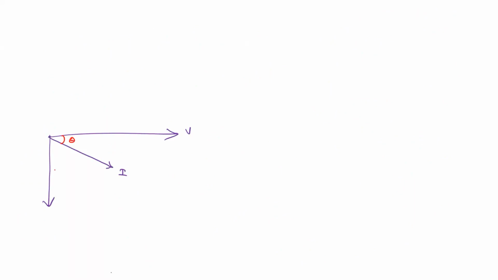This current can be decomposed into two components like this. What is this component? I cos theta. And this one is I sin theta.